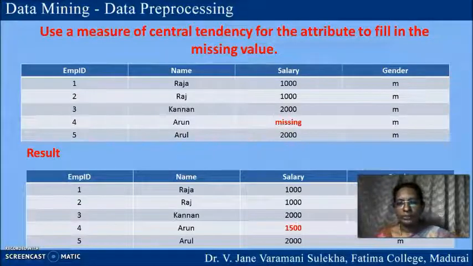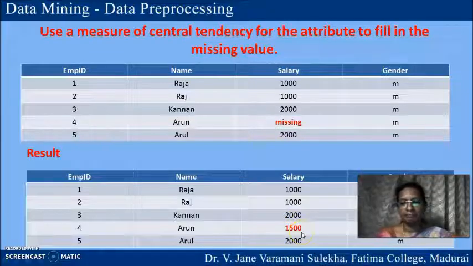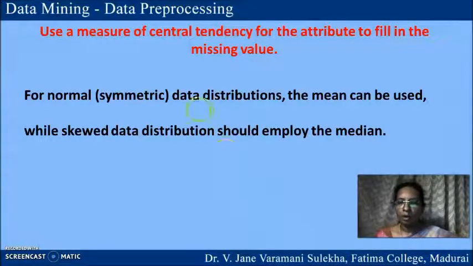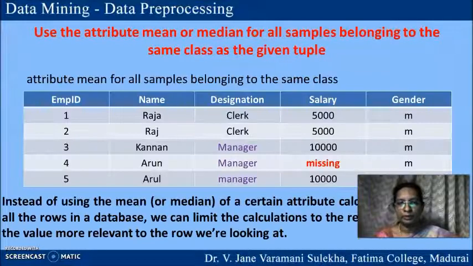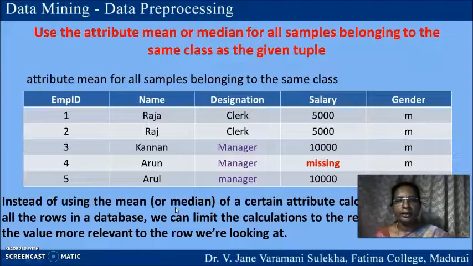So we will find the mean for the salary column and place it in the fourth record's salary. For normal data distribution, the mean can be used, and when we have skewed data distribution, we will use the median to fill the missing value.